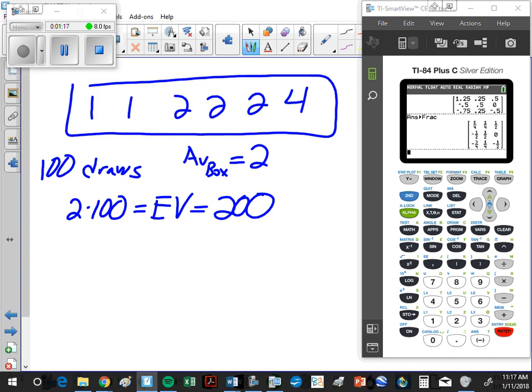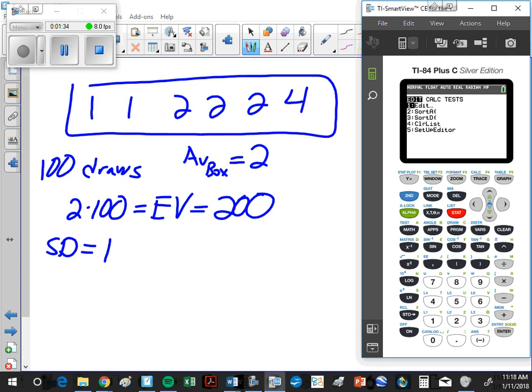We plug those numbers into my calculator. I do one variable stat, and I get SD equals, what did you get? 10? So 11? Let me check and see what I get. So clear 1, 1, 2, 2, 2, and 4.